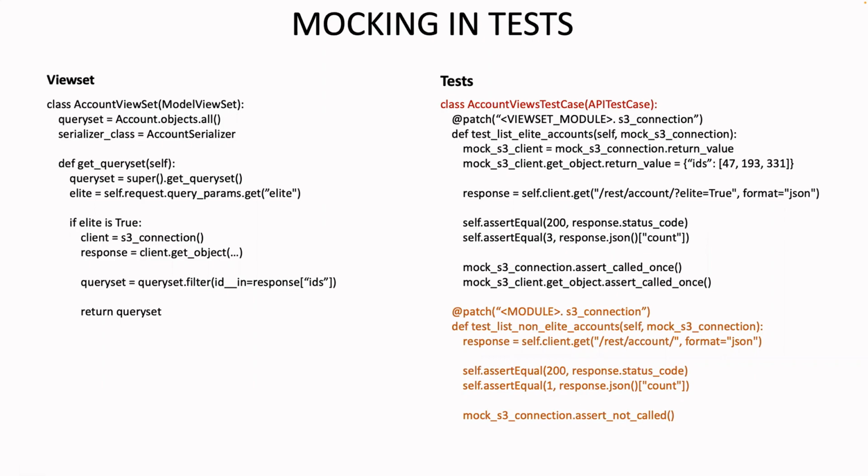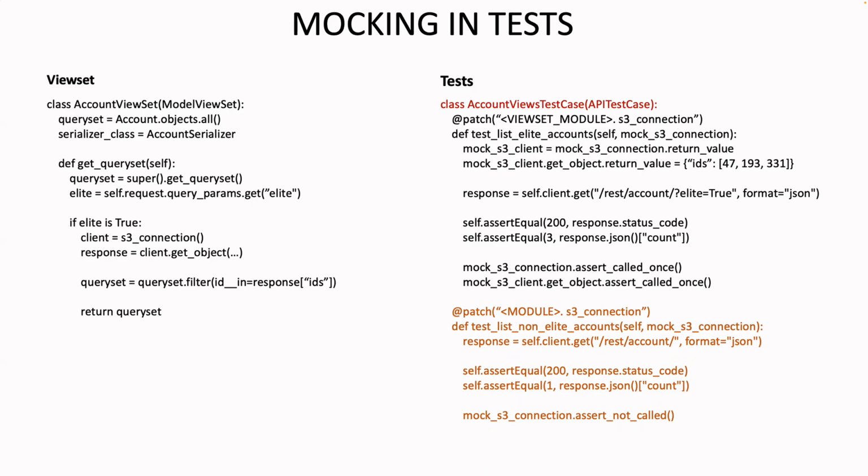And then we set some data we pretend is coming back from S3. In this case, I've said when you connect to S3, the get object function will return that response, which is just IDs in a JSON object.